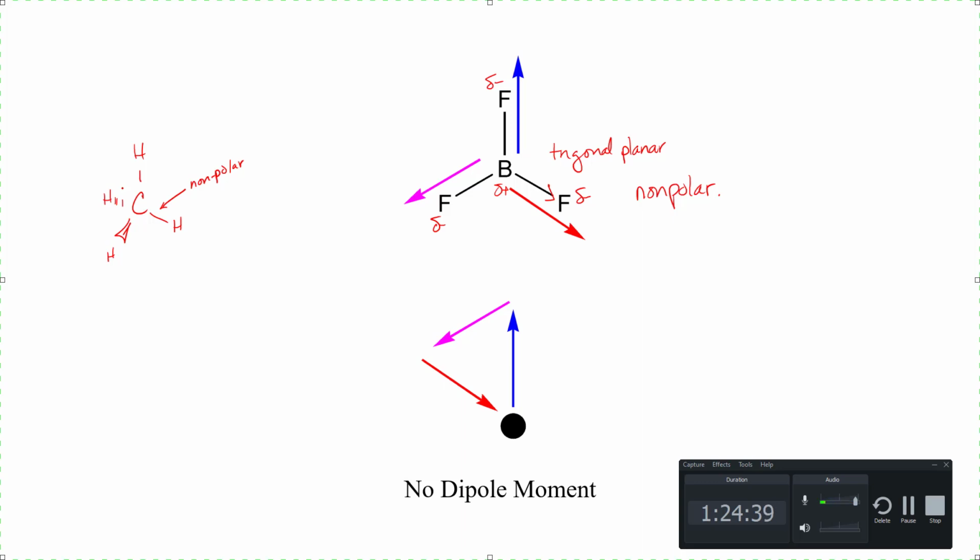So it fails rule number 1. On the other hand, let's substitute 4 chlorines for the hydrogens and ask the question. This is CCl4, which is called carbon tetrachloride.